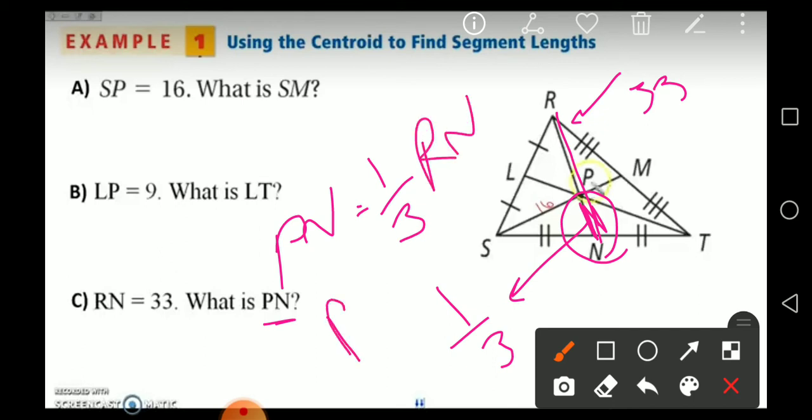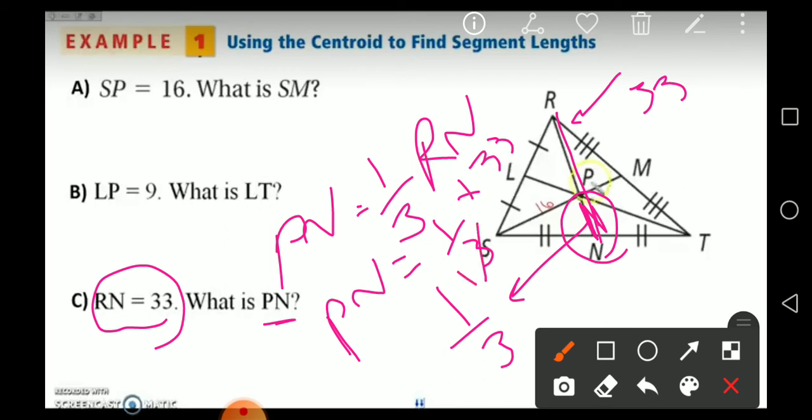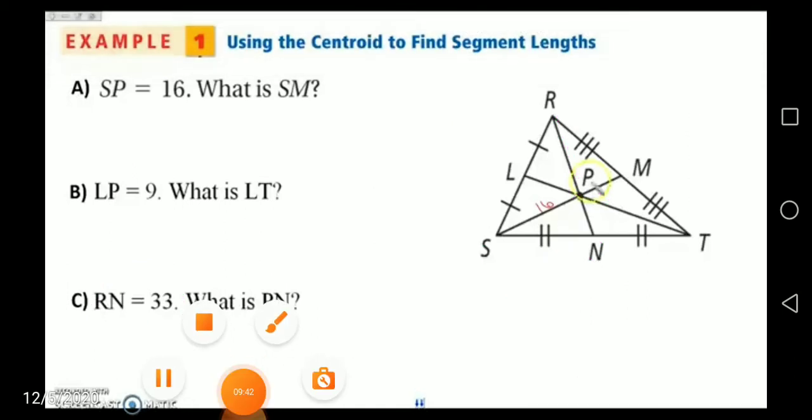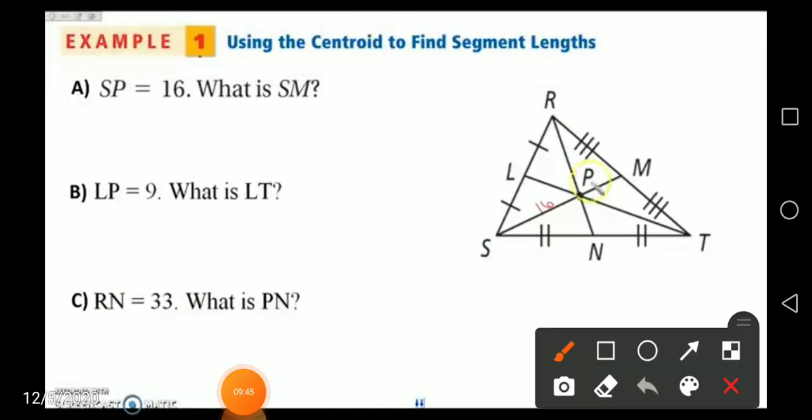So PN equals a third, and given RN 33, 33 divided by 3 is 11. So 1 multiplied by this 11 gives me 11. So PN is 11.